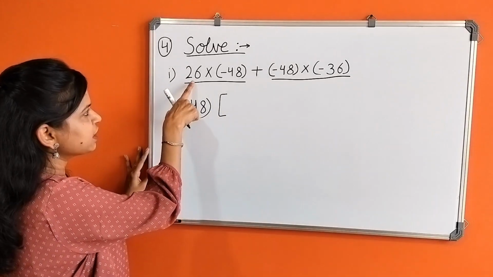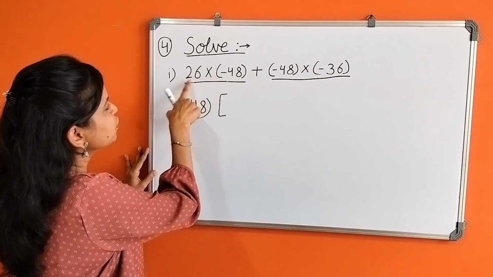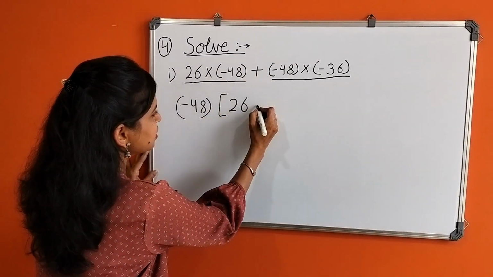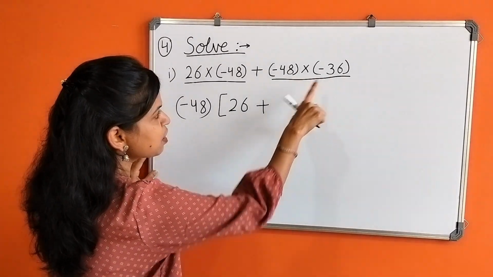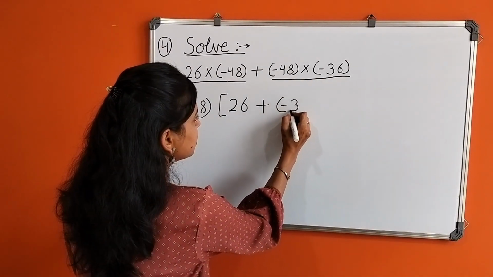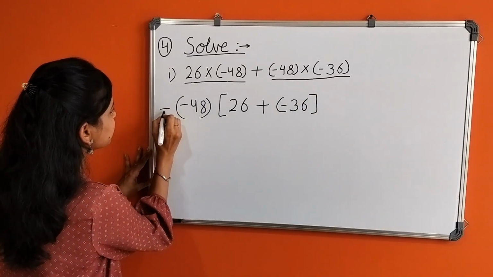So what is remaining here? Minus 48 is common. So 26 is remaining here. Plus, here minus 36 is remaining. Remember, always remember signs.